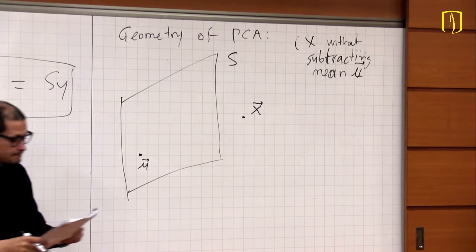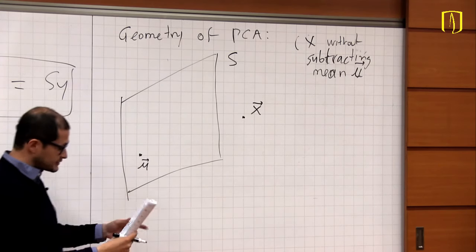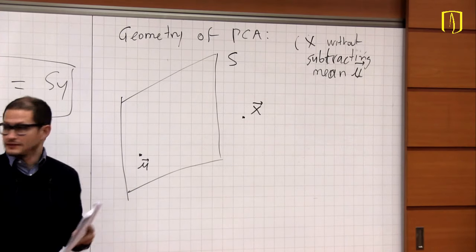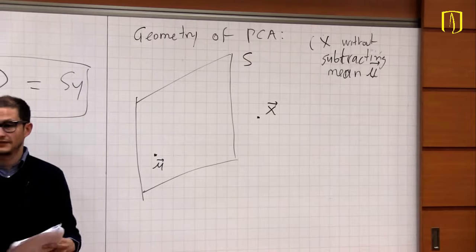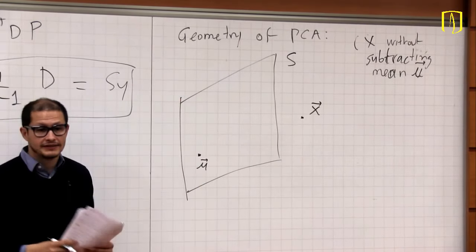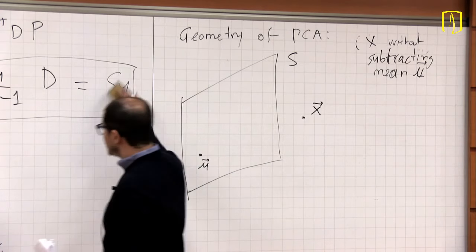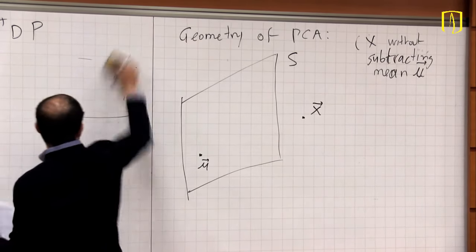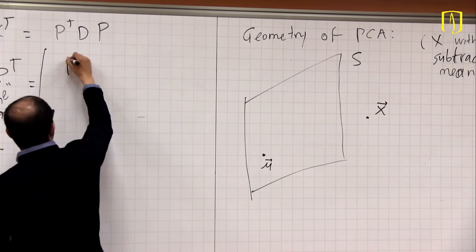The observation is that this P that we found, or P transpose, forms an orthonormal basis for the subspace S. Let me write this down here.